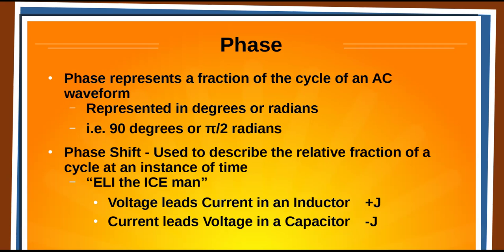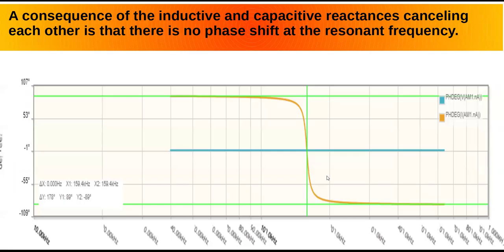So we say the voltage leads because the voltage goes up before the current goes up. In the case of a capacitor, it's just the opposite. The current goes up because you've got a discharged capacitor, you put a voltage on it, and what happens? You get an infinite current for an instant. So ELI the ICEman is the easy way to remember those.